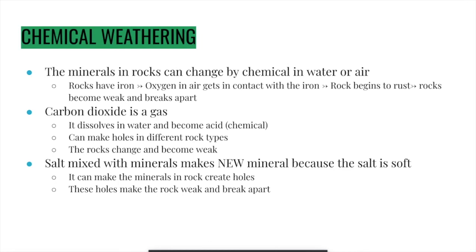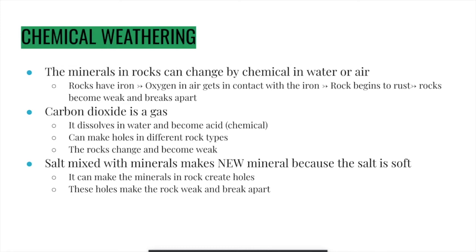It makes the minerals in the rock become new material. That is because when you mix a hard material like the minerals in rocks with the salt, which is softer, it causes a reaction between the minerals. And this reaction, again, creates holes in the rocks. These holes end up making the rocks weak and they break apart.